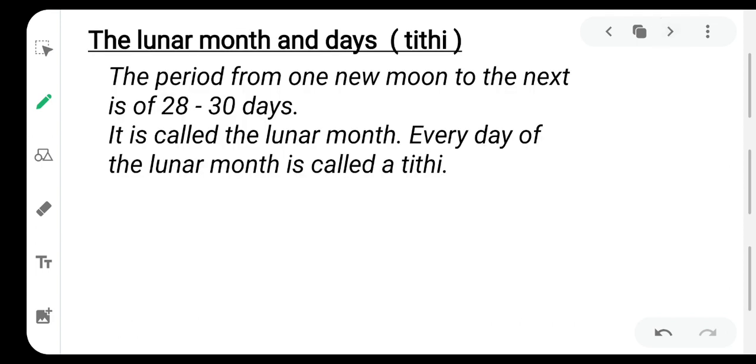Now, by proceeding further, the lunar month and days. Now you may be thinking that what is lunar month? It is also called as Tithi.